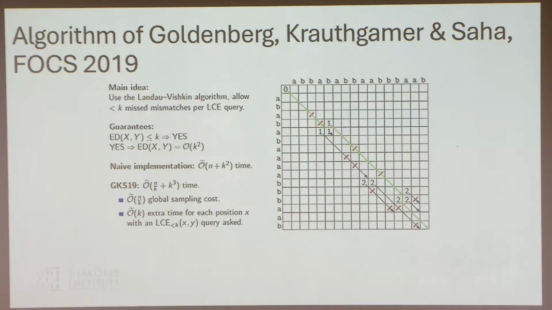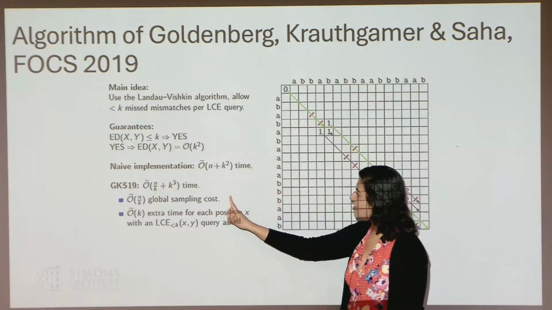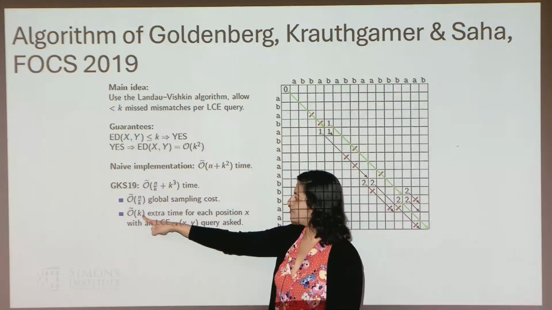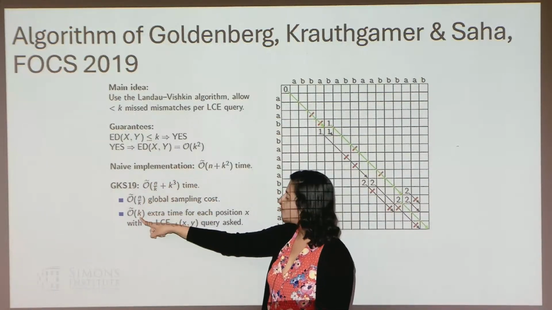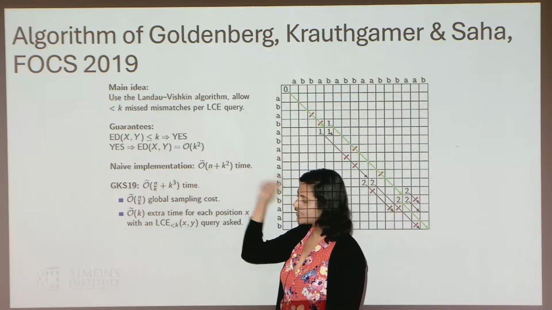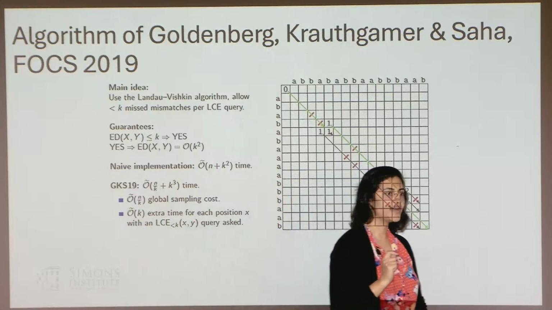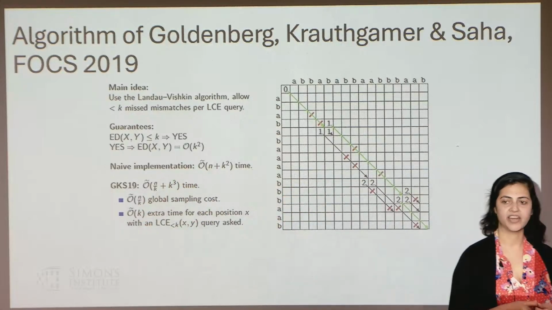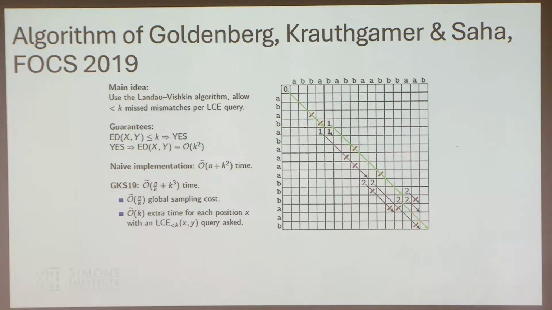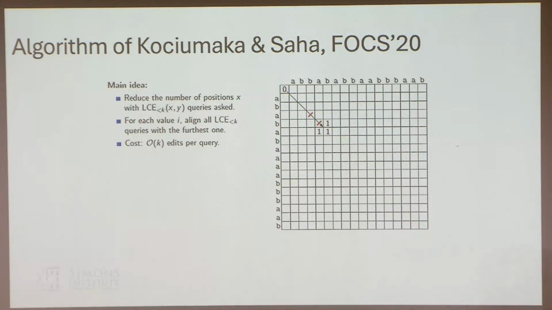Here we were spending a query complexity of k for k squared LCE queries. If I can reduce the number of LCE queries from k squared to k, then that will automatically reduce my polynomial dependency on k from k cubed to k squared. So that's exactly what we did in our FOCS 20 paper.